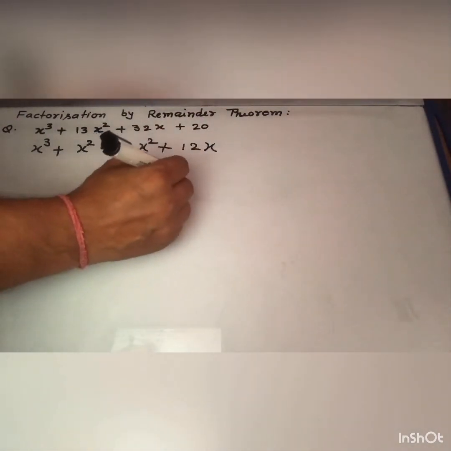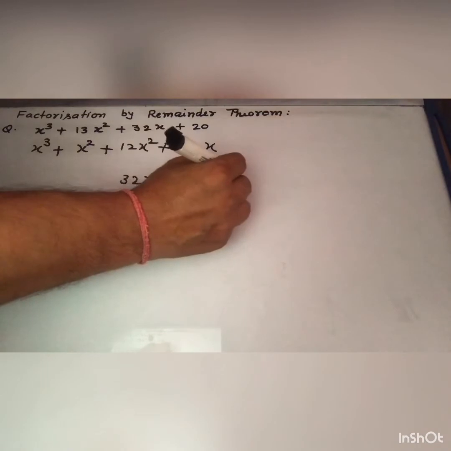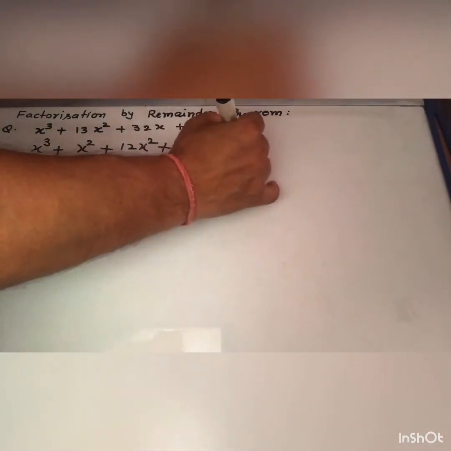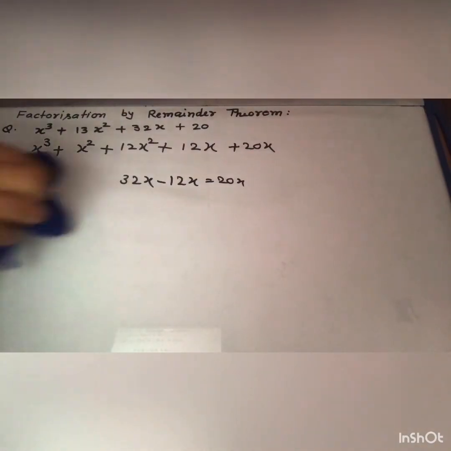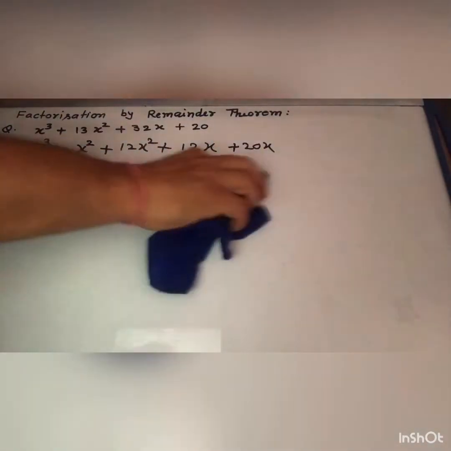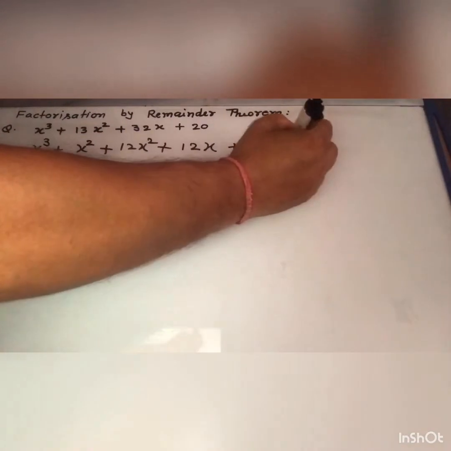So what is the remaining? This is only 20x, so you put here 20x. And the last term you will write same to same, that is 20. Therefore this expression is complete.